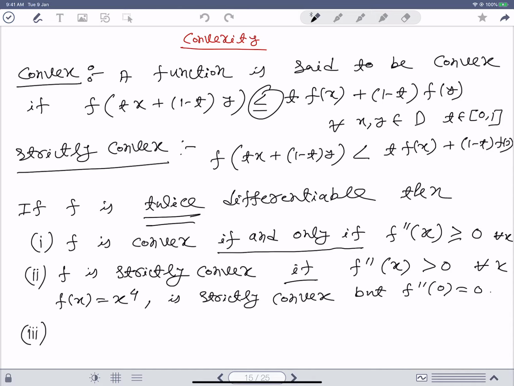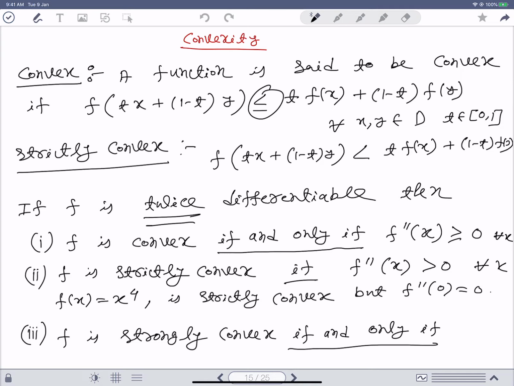And another one, now we can define strongly convex. So f is strongly convex if and only if f double dash x is bigger than or equal to m, and m is bigger than 0, for all x.